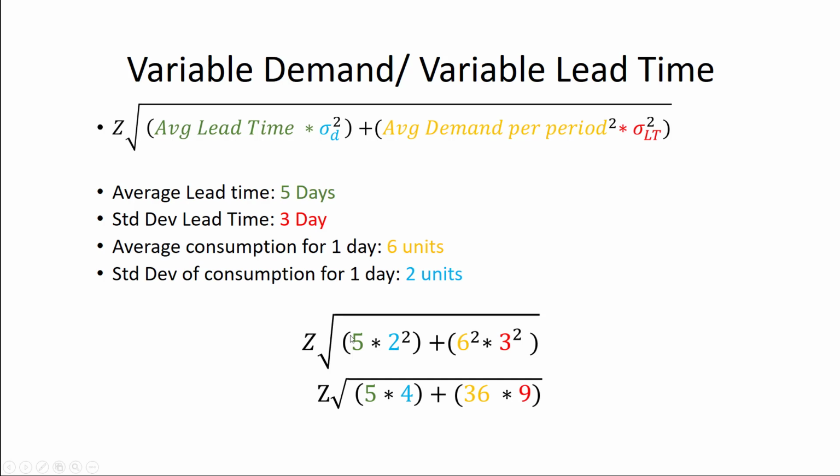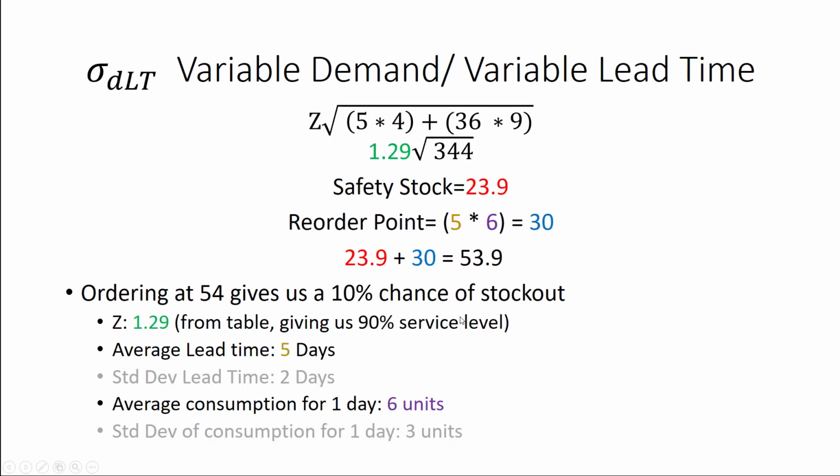And then simply 5 times 4 plus 36 times 9. So we end up with 344, and the z table, the z-score works exactly the same. You'll use that norm.inv if you're working in Excel. Take the square root of 344 times 1.29, and you get that safety stock of 23.9.